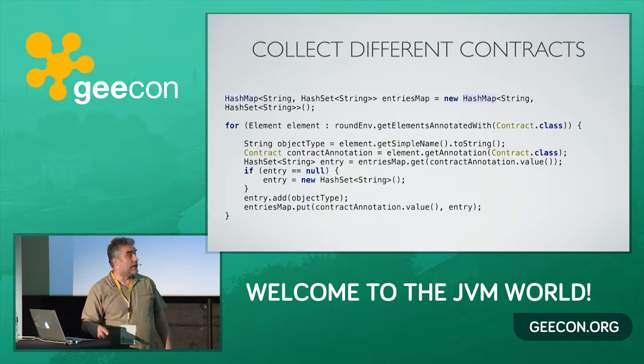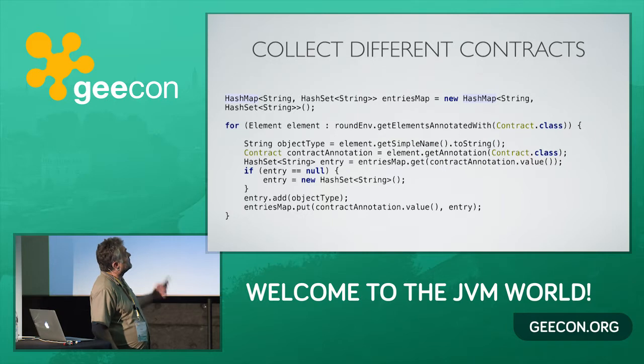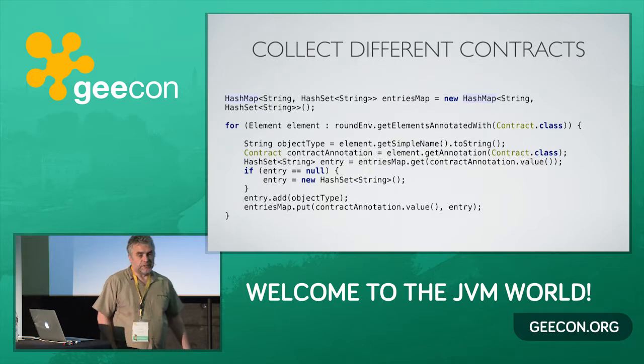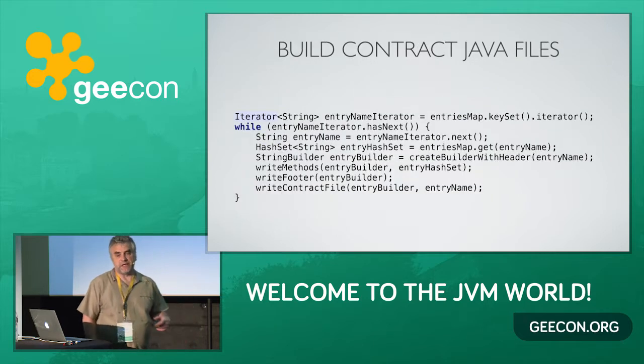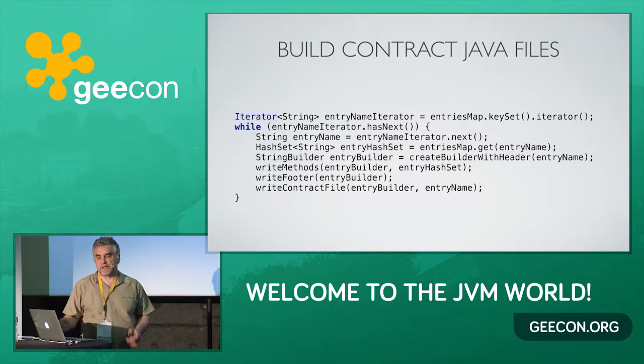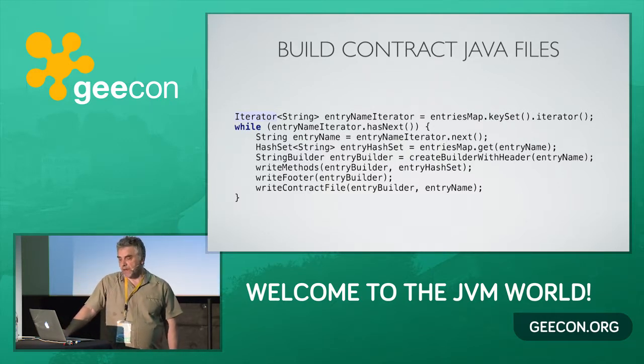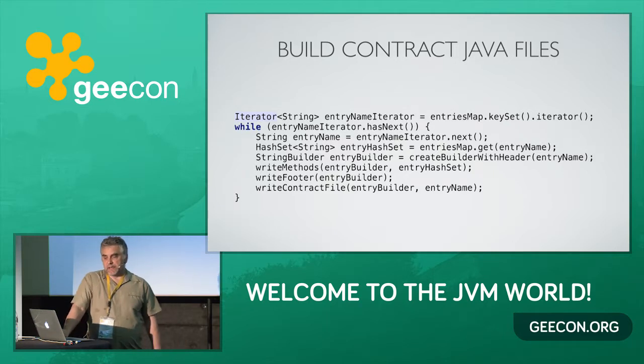If we encounter the unique name of the contract, we create a new entry, and that's like a second level hash map. In that second level hash map, we will collect all the method names. So for each contract, we'll have a hash map for the names of the classes, which we'll need to generate the interface later on. And that's exactly what we do.